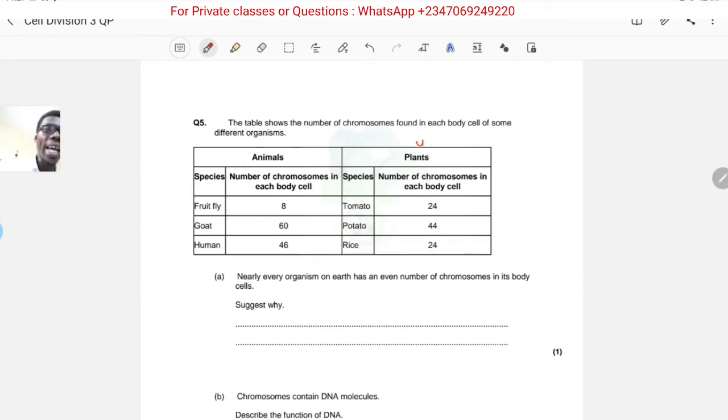So it says here, nearly every organism on Earth has an even number of chromosomes in its body cells. Suggest why? Well, even number means it can go into two places, so as to allow equal number of chromosomes into offsprings.